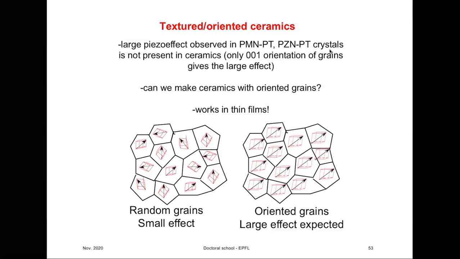So if we can grow crystals in such a way that the majority of them are oriented in this direction, and then we apply electric field to polarize it, we could get a much larger response than if we make normal ceramic and polarize it. So that's another aspect of this use of textured oriented ceramics. We still use a ferroelectric material, but can increase the response if we can have grains all oriented in the same way.